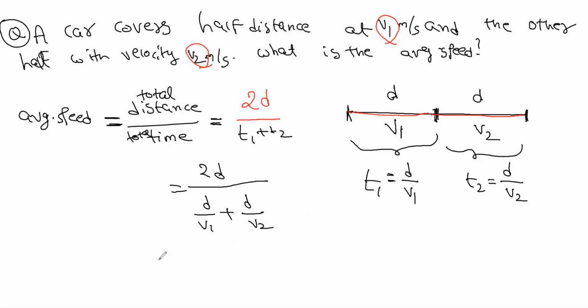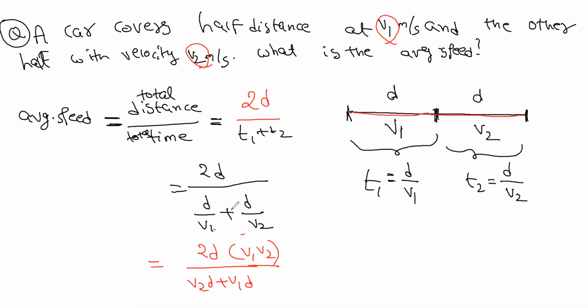So now we just have to simplify this one. So you will get 2d by, if you take v2d plus v1d, this v1 and v2 will come on the top, right? Yes. Because when you take the LCM for this, v1, v2 is the LCM.